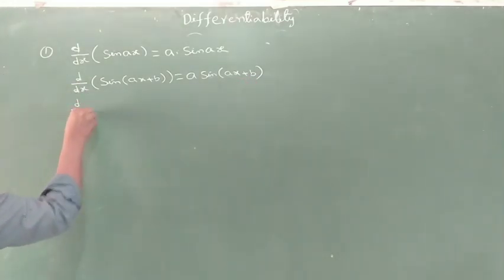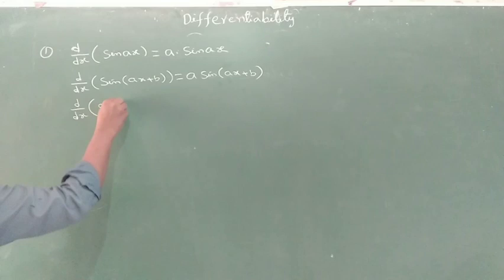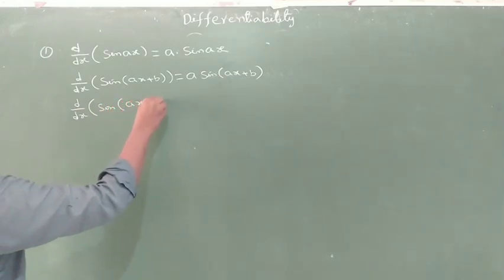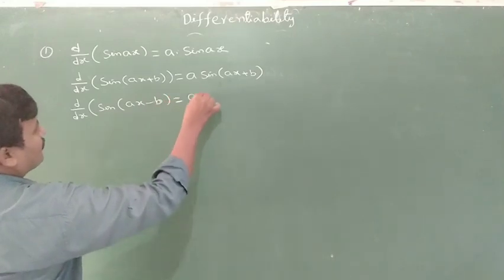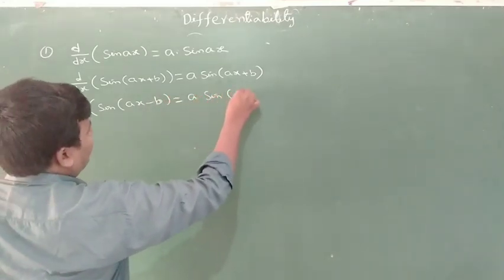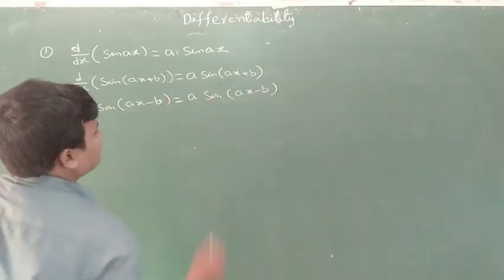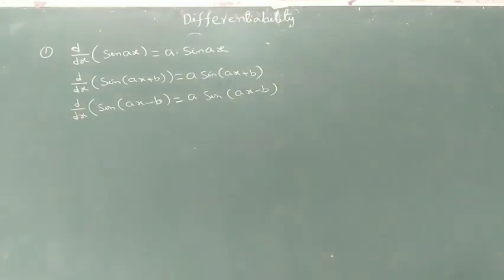D by dx of sin of ax minus b is equal to a into cos of ax minus b. Okay, a, b are constants. Procedure, explanation.